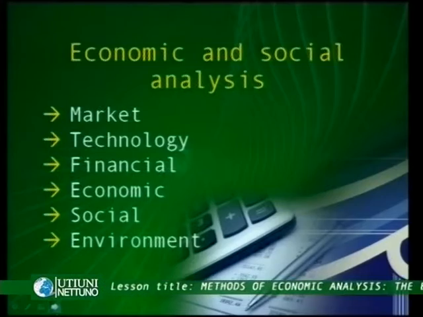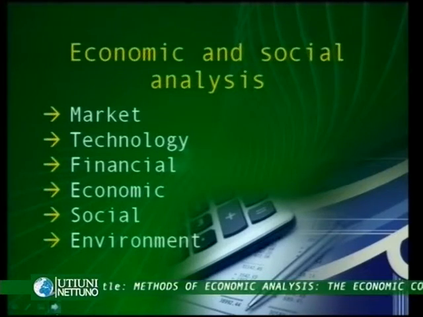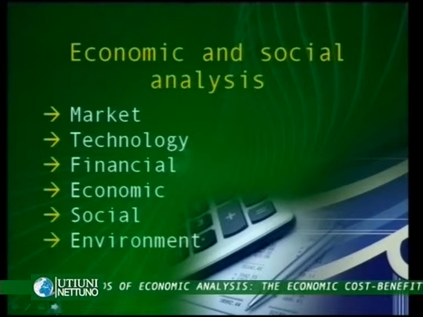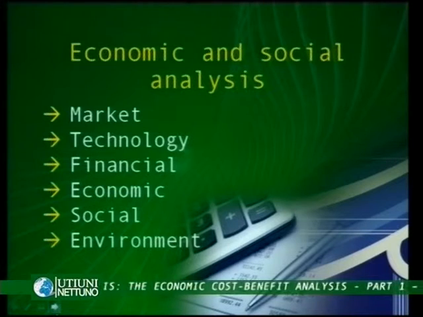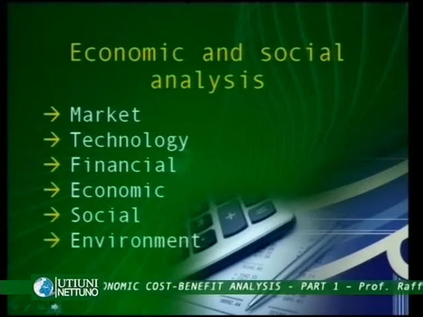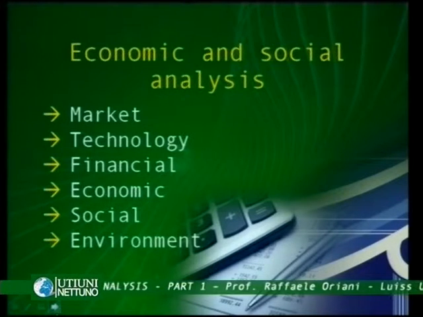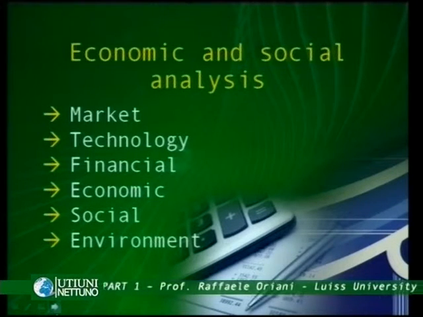Because as you can see in the slide, I could have several dimensions that are relevant for ECBA. In particular, I could have the market dimension, the technology dimension, the financial dimension, and then I have the economic and social dimensions that are the most relevant ones, at the core of the analysis, and then the environmental dimension in terms of impact of the project on the environment.